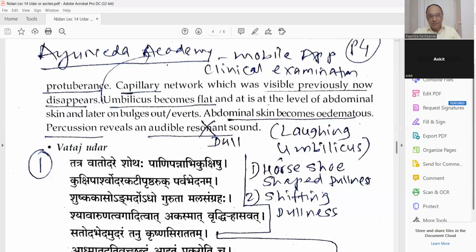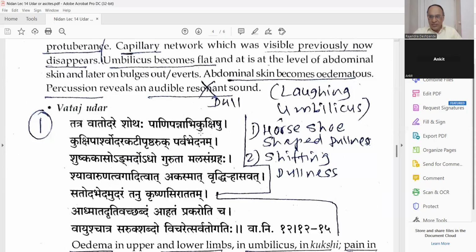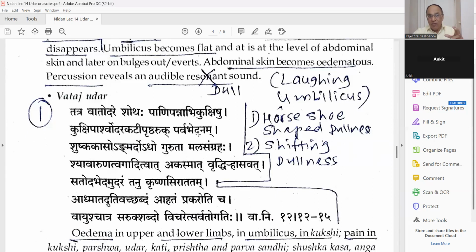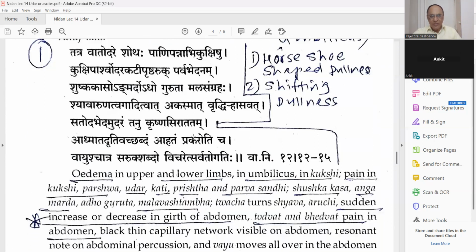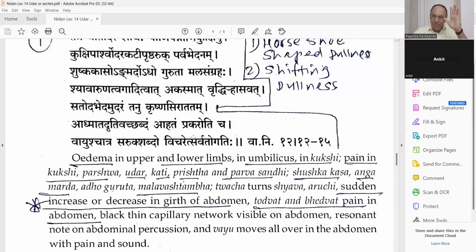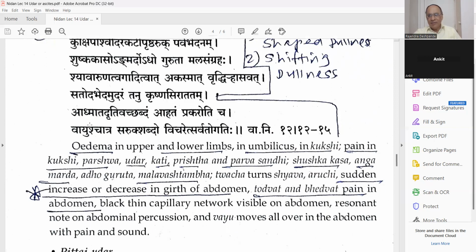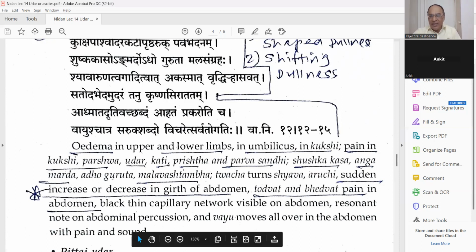This is dull note. Now we will see one by one the symptoms of Vataja Udara. When Vata, always pain. Pain is Vata. Edema, irregular, in the upper and lower limbs. Pain in the umbilical region, in the Kukshi region, in the abdomen, backache, pain in the Kati region, Udara, Prishtha, Parvasandhi.